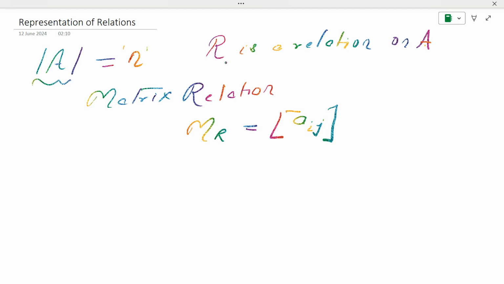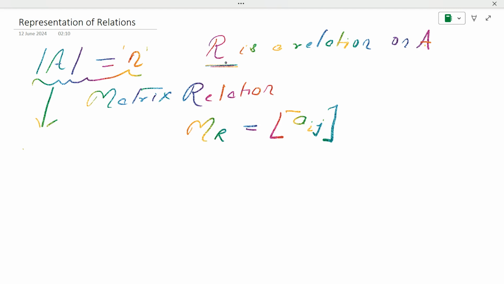If the cardinality of set A is n, the number of entries in a relation on A will be n cross n, definitely.